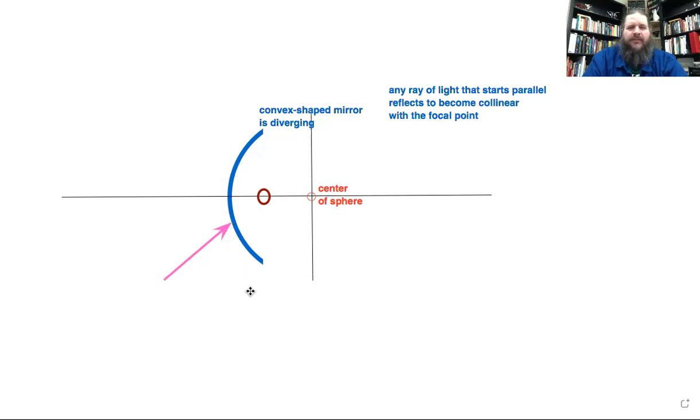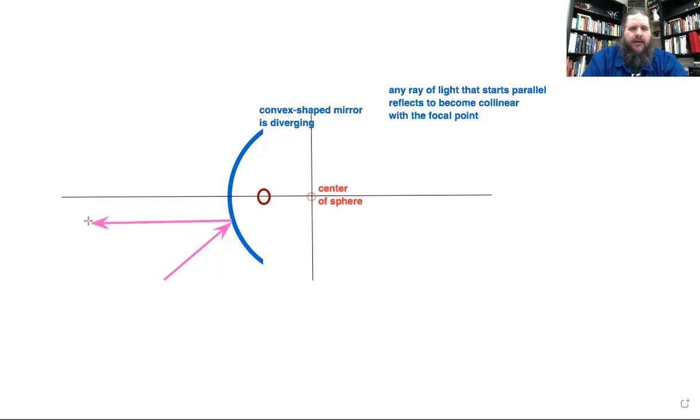That's going to bounce off to become what? Will it be linear? Well, any ray of light is linear, but specifically linear in which direction? Sorry, parallel. Yeah, like parallel to that central axis again.